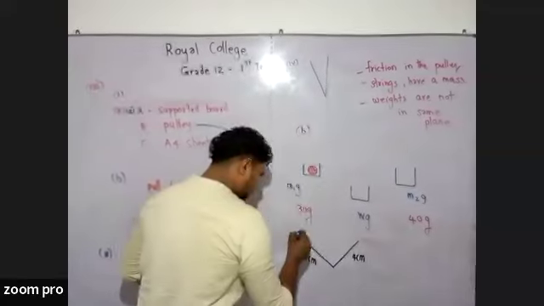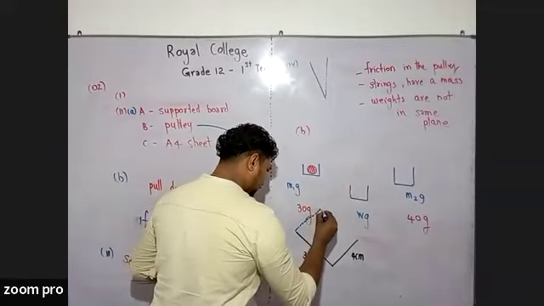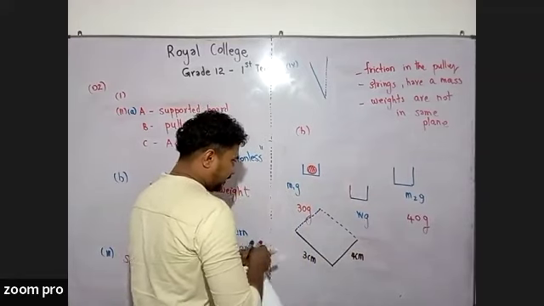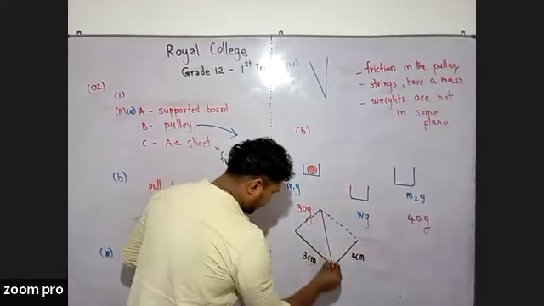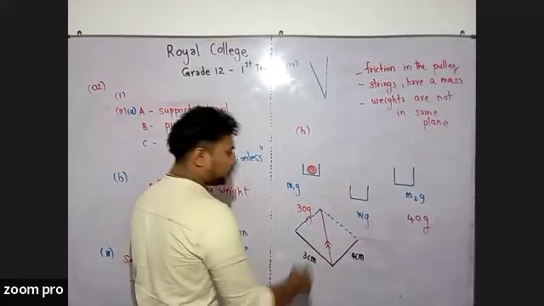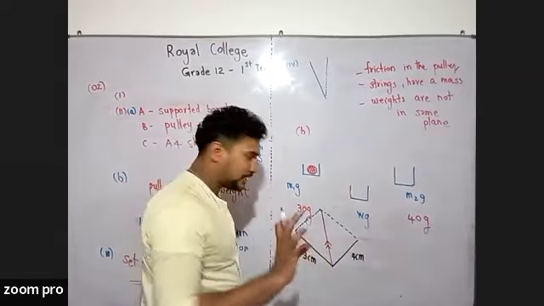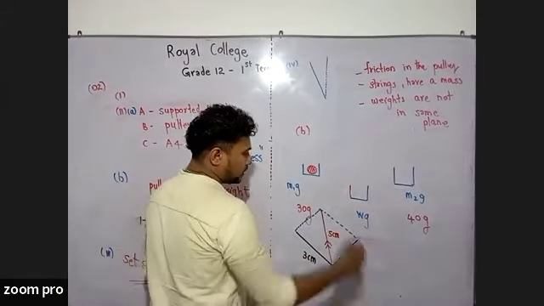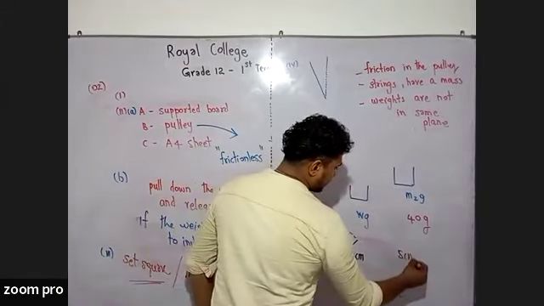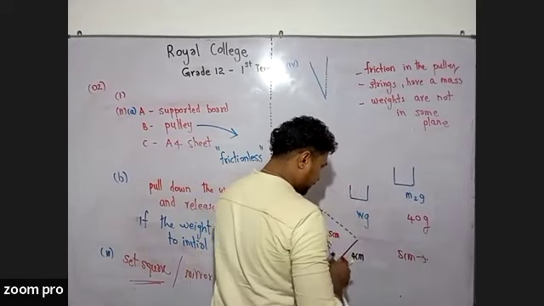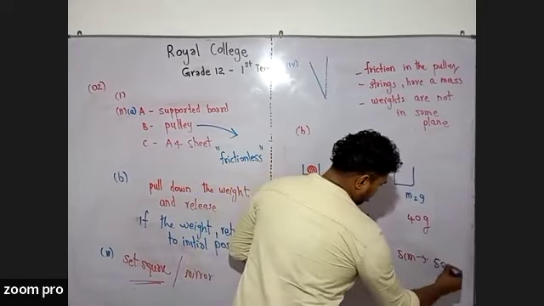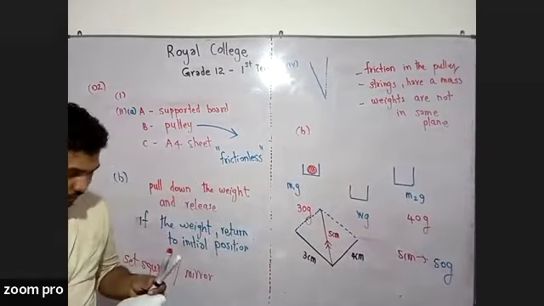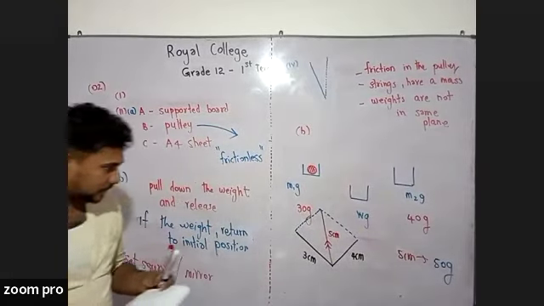So if we complete the parallelogram, the diagonal should be directed in this way. If you measure the length of this diagonal, it should be equal to 5 centimeters. So 5 centimeters represents 50 grams. So the mass of the middle weight should be equal to 50 grams. Simple D.